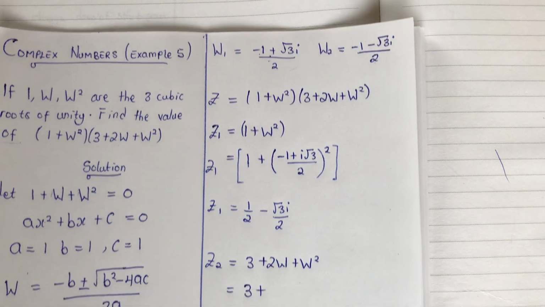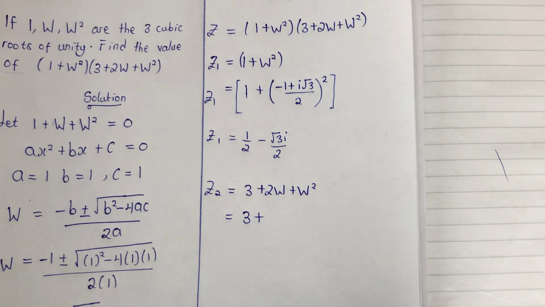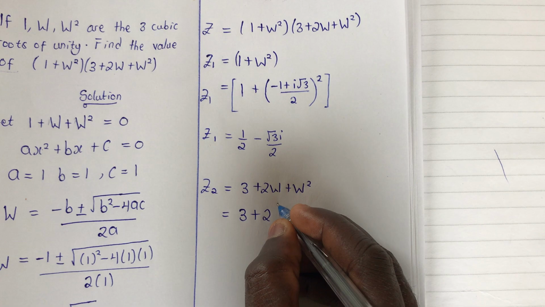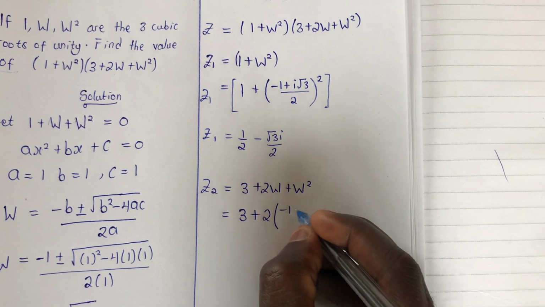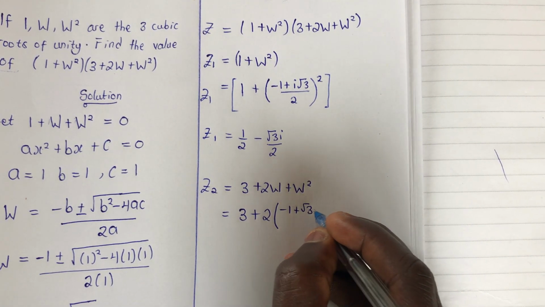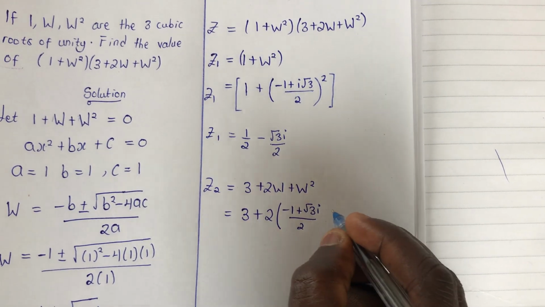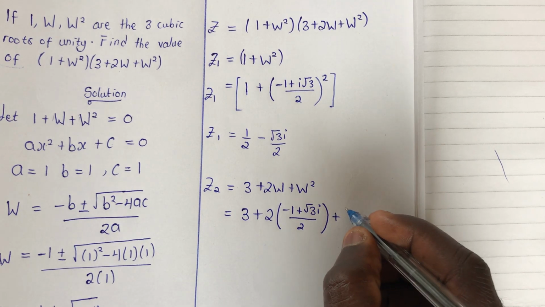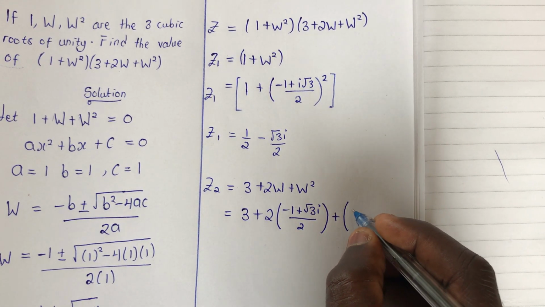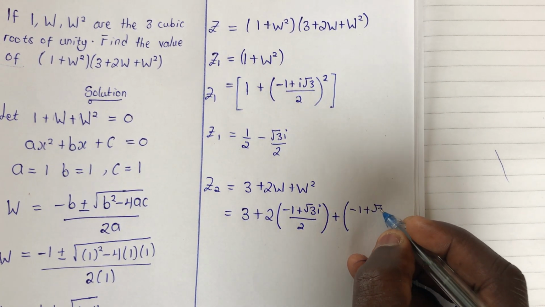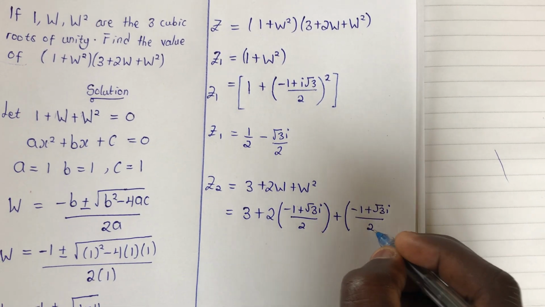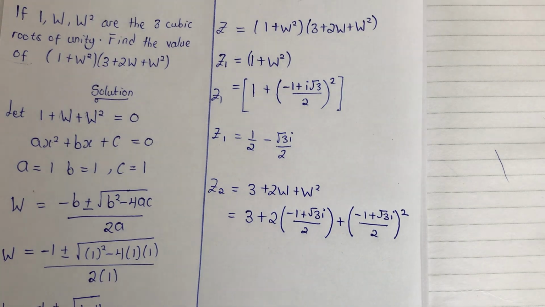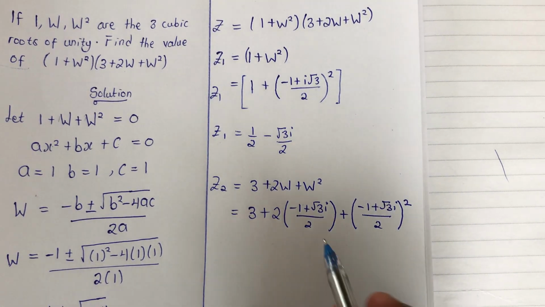Now don't forget, that is what I'll substitute for W. This side we are not squaring it, plus the same thing, negative 1 plus root 3 i all over 2, but this time you square the W. So that is it. We can simplify this side.